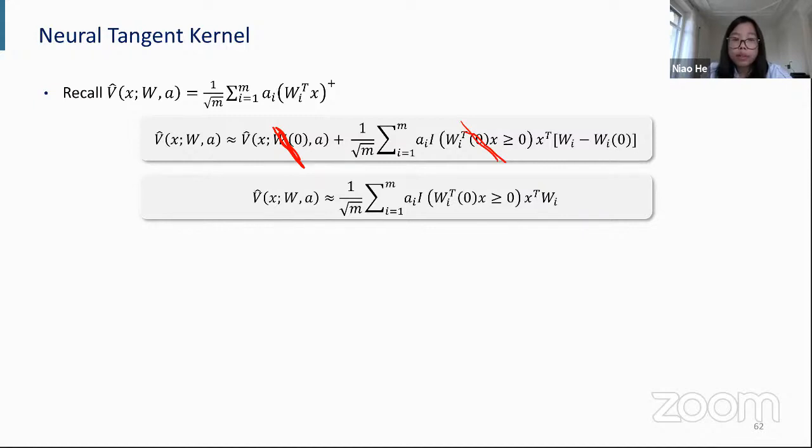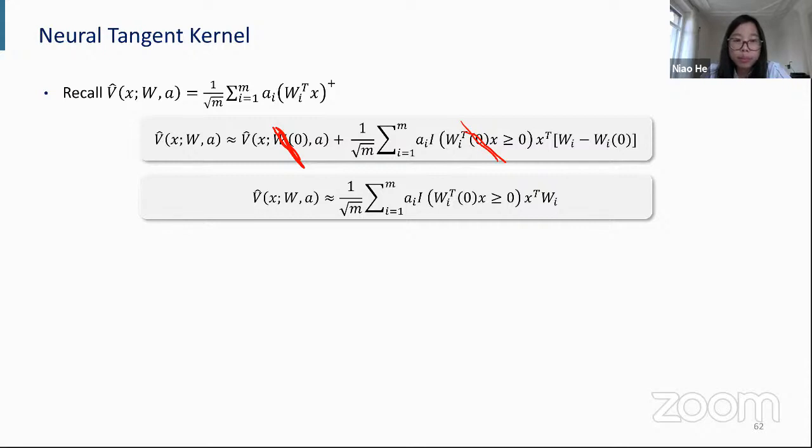So your value function can be approximated by this indicator function evaluated at the initial weight matrix W times X, your feature vector, times Wi. So this is more or less like a linear function approximation. And the idea is that if W0 is close enough to W, then your value function will be approximately linear at every iteration.